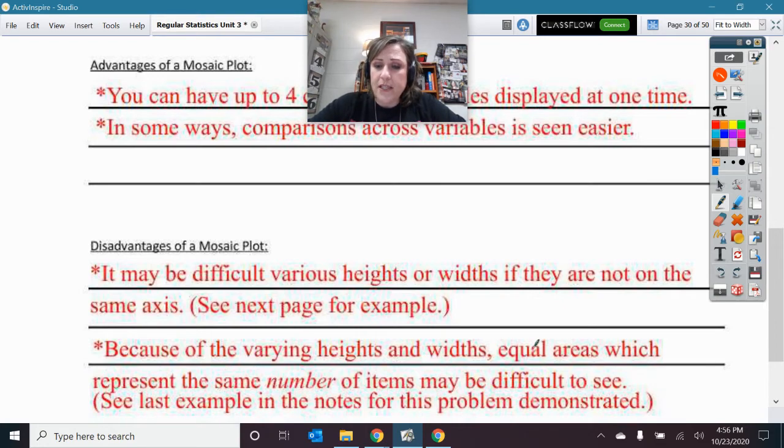You could have an area that represents 16 people, say a 2 by 8 area, and then another one that's a 4 by 4 area, a square, and that was also 16 people. It was hard to see that those 2 different sections were the same area because of their different shape. So we'll talk about that.